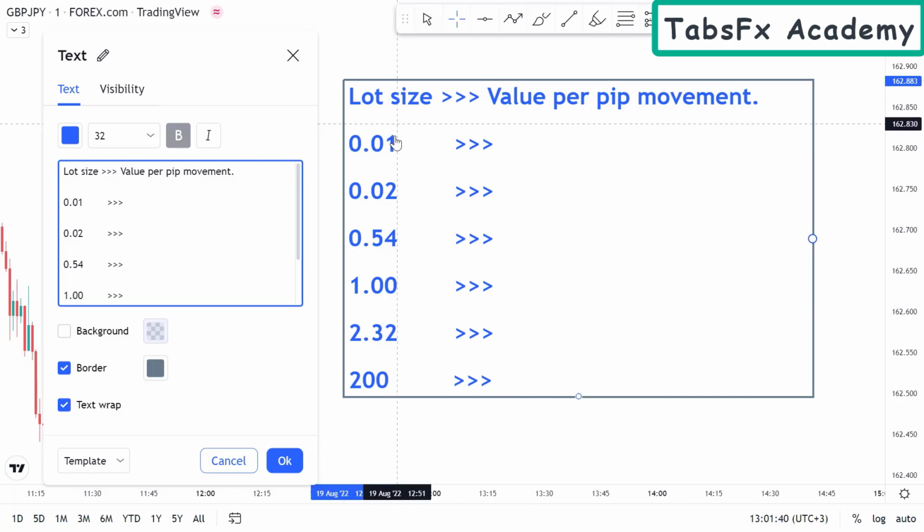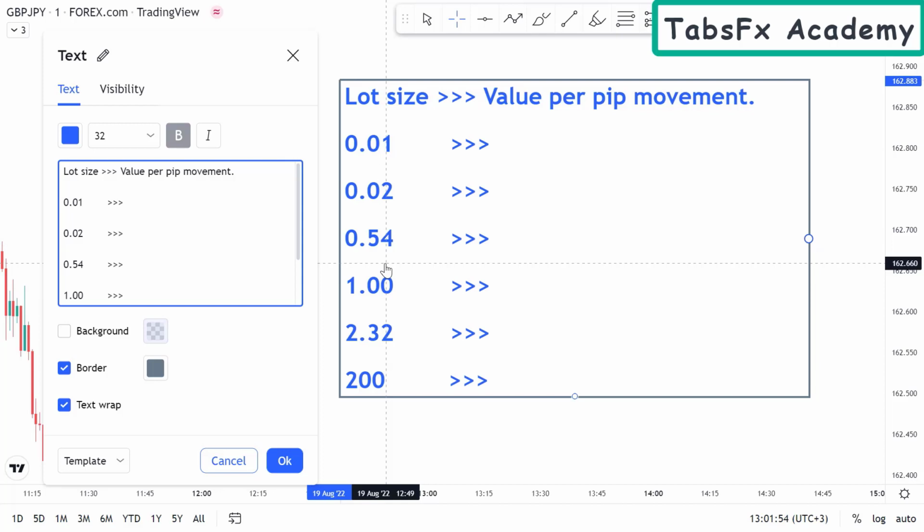For each of these lot sizes, the value per pip, if you have a standard account from your broker, a standard account is one where they look at only standard lots. Standard lots means that each lot is equivalent to 100,000 US dollars, but you don't have that much money, so you can simply get fractions of that standard lot.